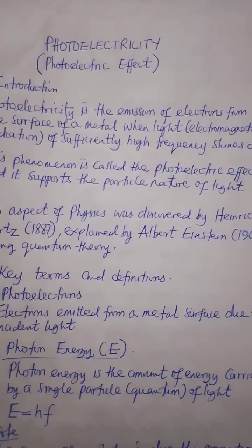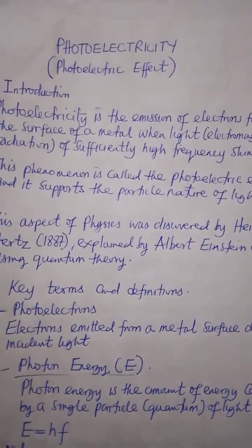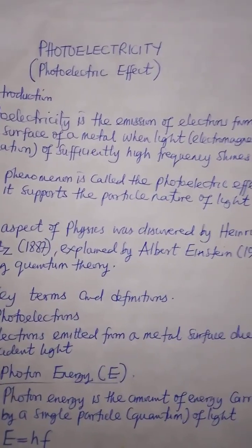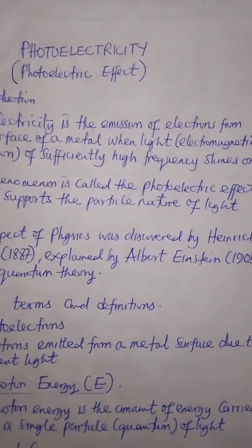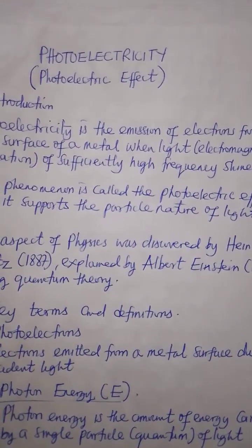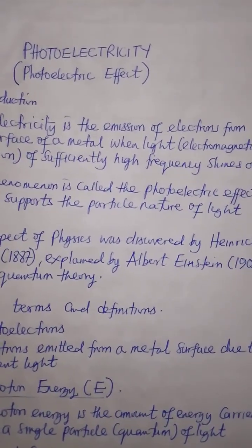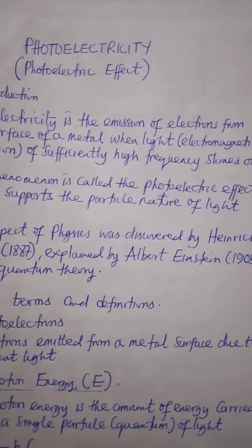We can also look at this from another angle: the wavelength of the light shining on the metal must be shorter than a certain wavelength called the threshold wavelength.